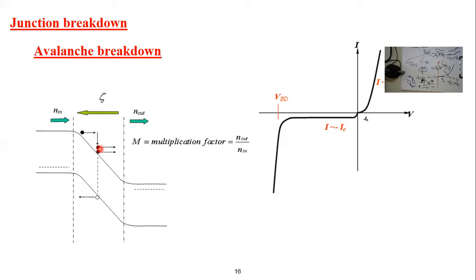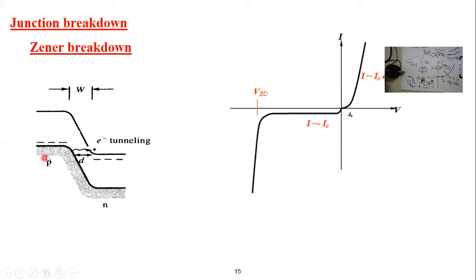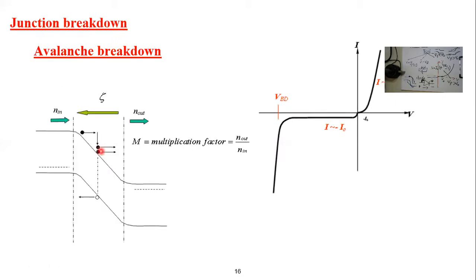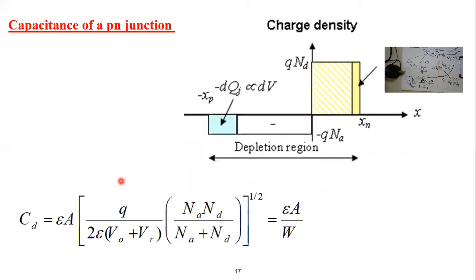So the breakdown voltage can occur either due to the Zener effect, where electrons in the valence band of the p-type region jump to the conduction band in the n-type region, or due to bonds being broken by very high-speed electrons due to this high electric field. Usually this electric field is something like 10 to the power 5 or 10 to the power 6 volts per centimeter to cause such an increase.